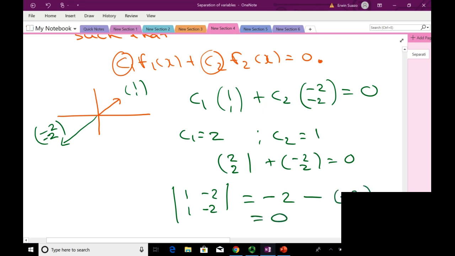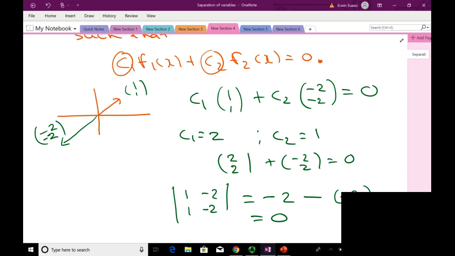So this is 0. So you see, the determinant helps me to make my life easier, and I don't have to think too much. So I just find the determinant. If this is 0, they are linearly dependent. So they are in the same line.